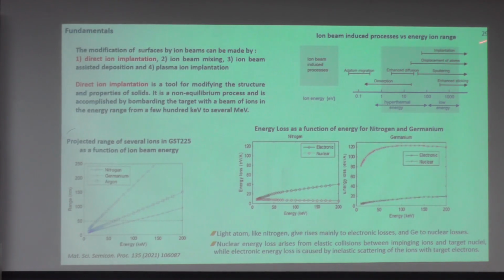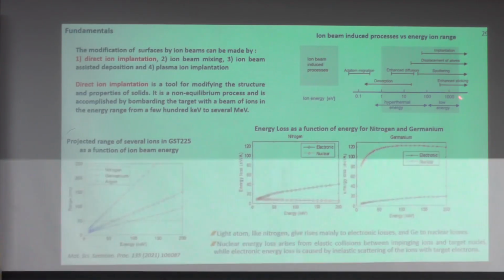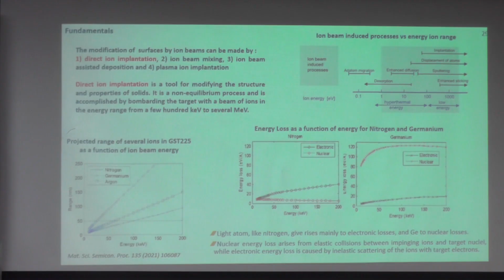Here you can see a sketch of the processes which can be induced by ion beams. This is the energy scale, ranging between 0.1 and 1,000 eV.